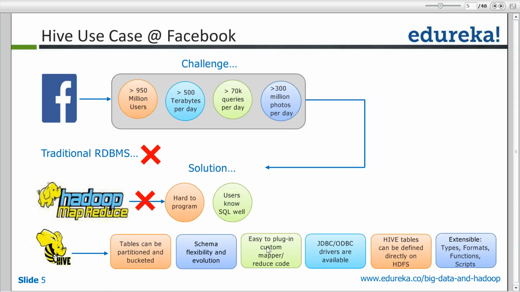It also gives you JDBC and ODBC drivers, for connecting through your reporting tools, or through Java if you want to write JDBC code. Hive tables can be defined directly on HDFS. It is extensible, with various types, formats, functions and scripts. Those are the high-level features in Hive.